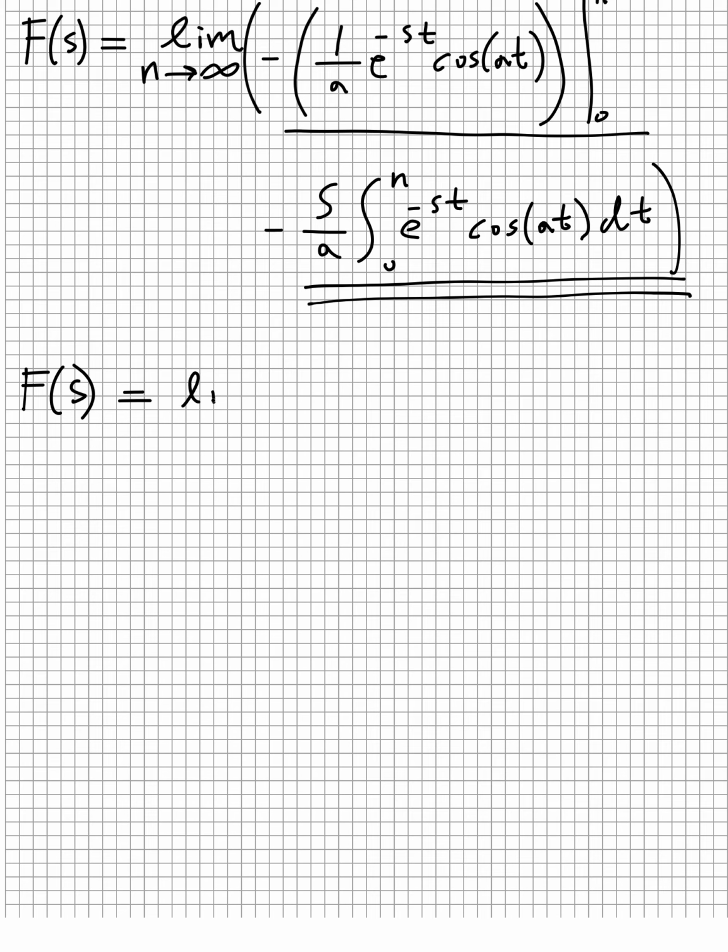It'll be the limit as n goes to infinity of 1 over a, times 1 minus e to the minus s times n times the cosine of an, close, and close.